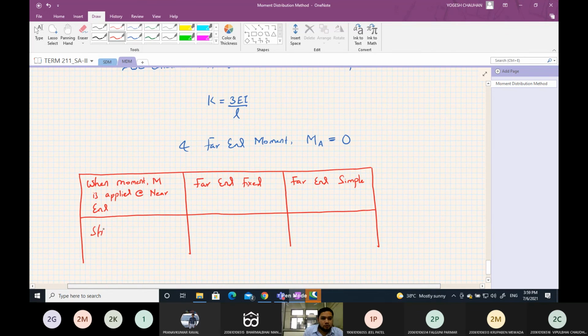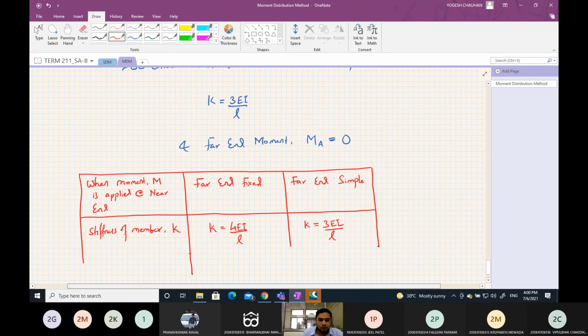Stiffness of member K is equal to, for this case it is 4EI by L, for this case it is 3EI by L. Okay.